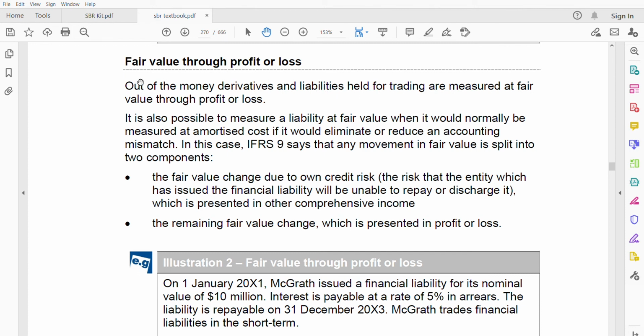What do you mean by out of the money derivative? When we started financial liability, what did we say? Not here, in IAS 32, that it should be non-derivative. In case you forgot, I can take you back.